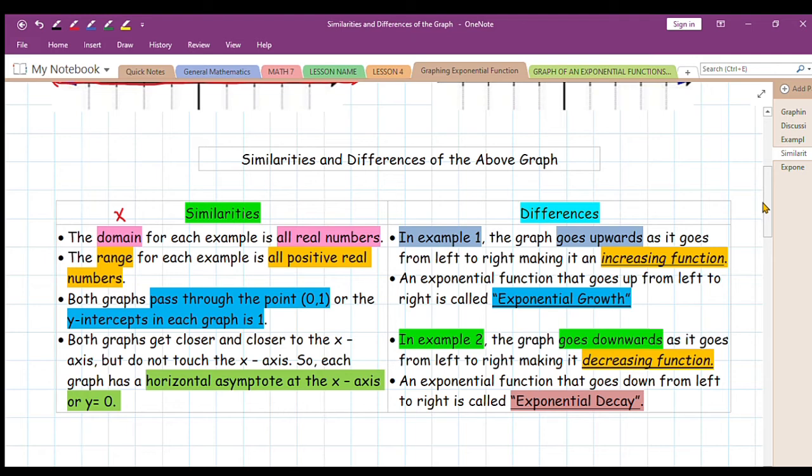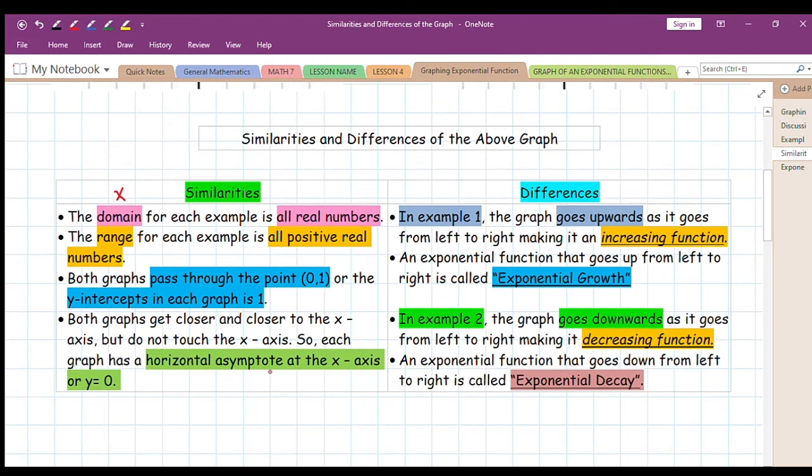And then both graphs get closer and closer to the x-axis but do not touch the x-axis. So each graph has a horizontal asymptote at the x-axis, or y equals 0.